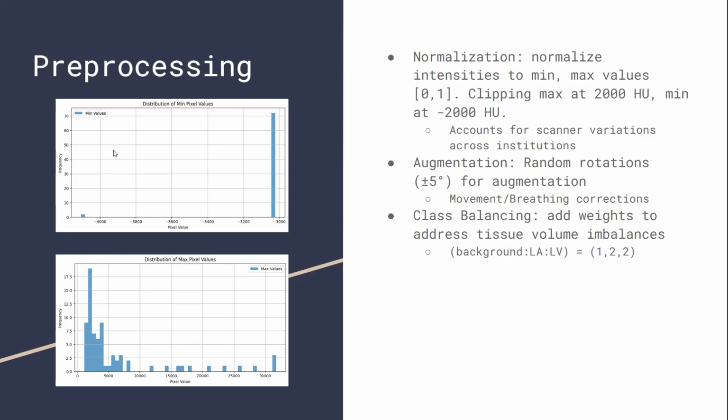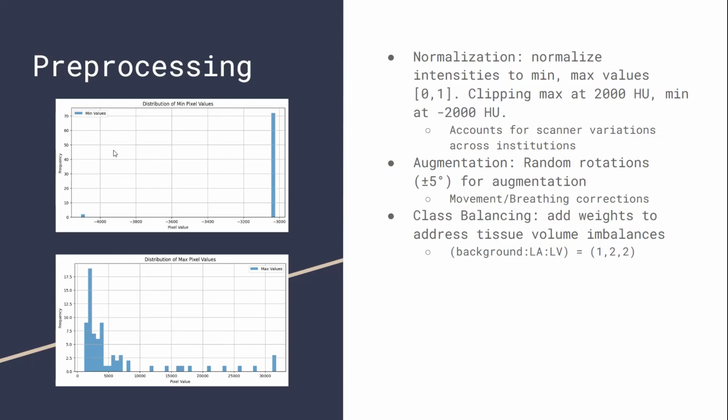And we did this in order to account for scanner variations across institutions as well as across different images.